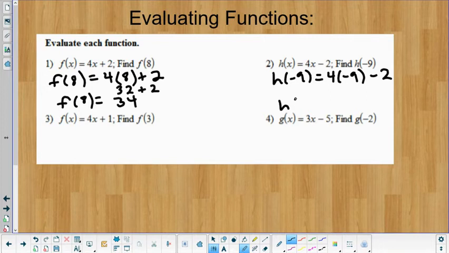I'm going to bring it down. Well, 4 times -9, that is -36 minus 2. So if I'm at -36 on a number line, I have to move 2 spaces to the left. I'm now at -38. So -38 is the value when h equals h of -9. All right, over here, I'm going to substitute 3.